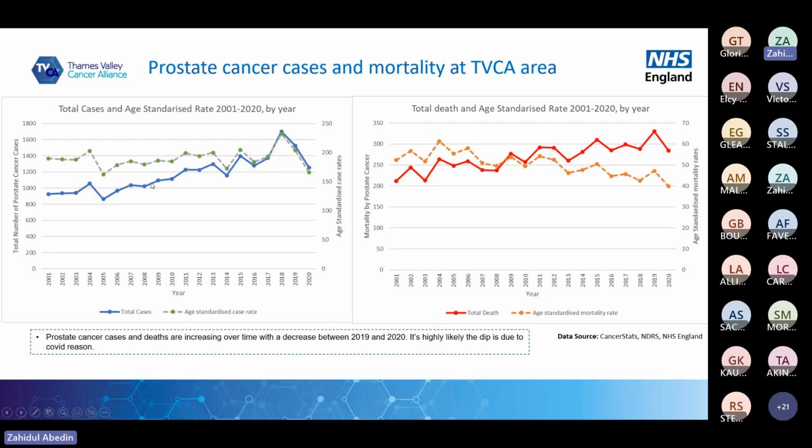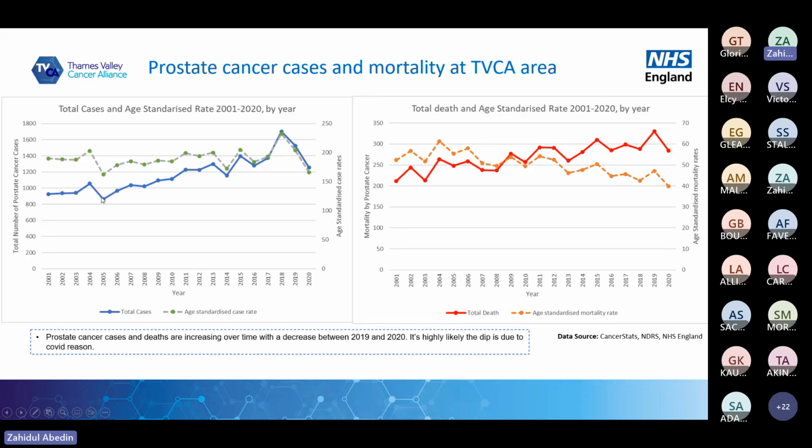From the left-hand side, this one is 20-year data. This is total cases of prostate cancer at the TVCA area, and the top one is the age standardized rate. From this line chart, you can see that prostate cancer is increasing over time.